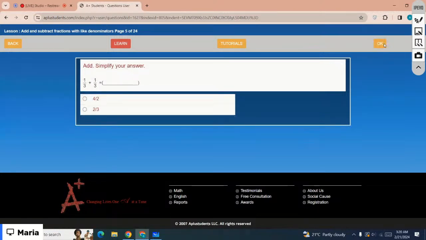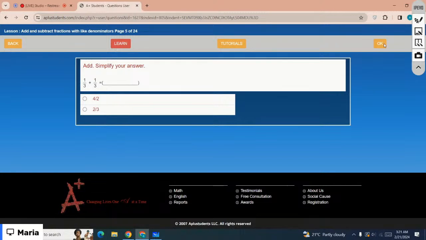Okay, the next one is 1 by 3 plus 1 by 3. So which is the correct option? Yes, the correct option is 2 over 3.